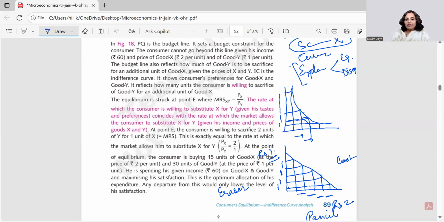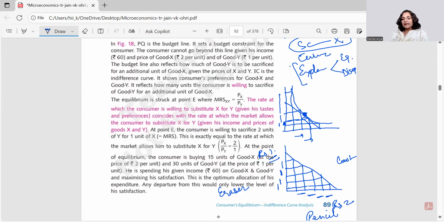We have it somewhere here. Now, above this, the MRS is more than Px by Py, and below this, the MRS is less. I hope now you are able to get that if this is my point of equilibrium, above this, the sacrifice of y for x is more, right?